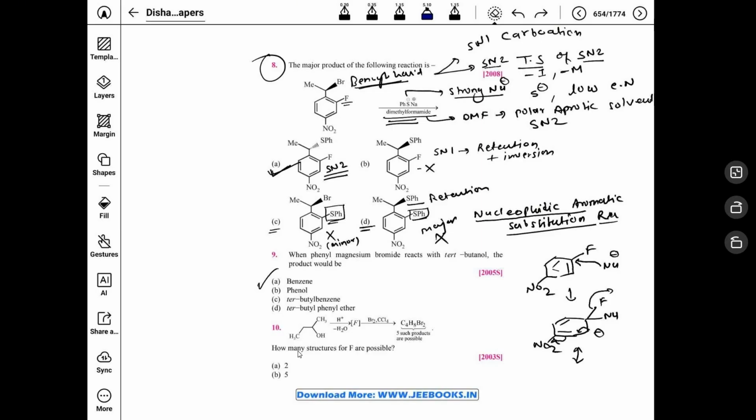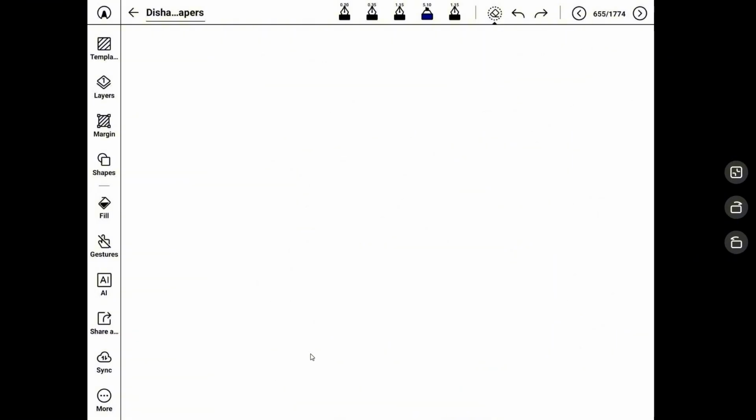Okay, so let's understand this reaction through the mechanism. This is the secondary alcohol reacting with the acid. So the first step is the protonation of the OH, we know that, followed by the removal of the water molecule to give the carbocation. This is a secondary carbocation. There is no possibility of rearrangement, so what is going to happen?